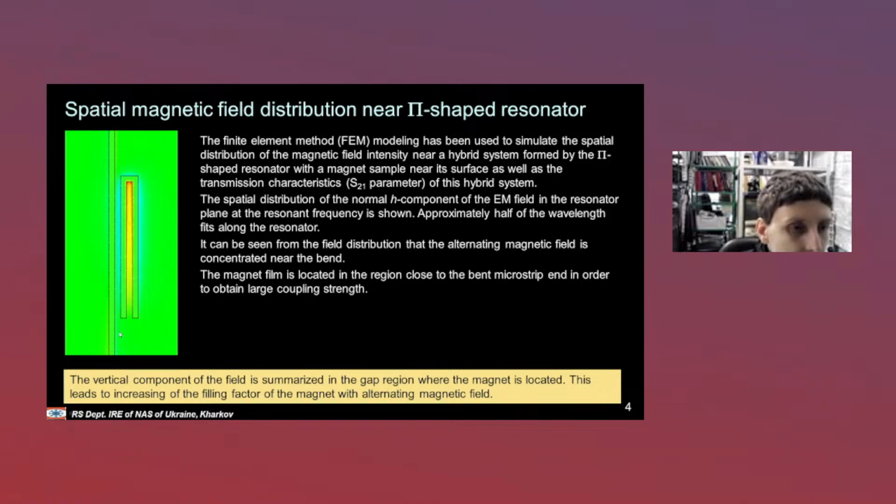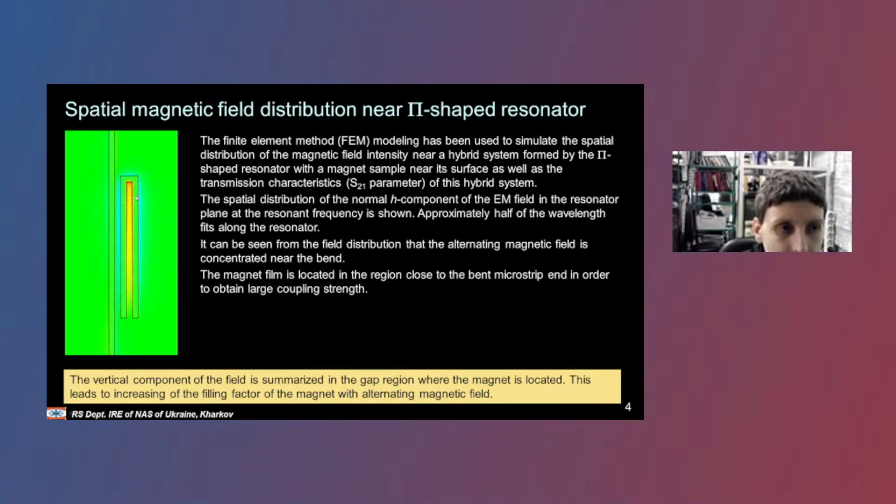Here you can see the spatial field distribution of the normal magnetic field component on the resonator plane. The frequency is about 6 gigahertz, which is the resonance frequency for this resonator.